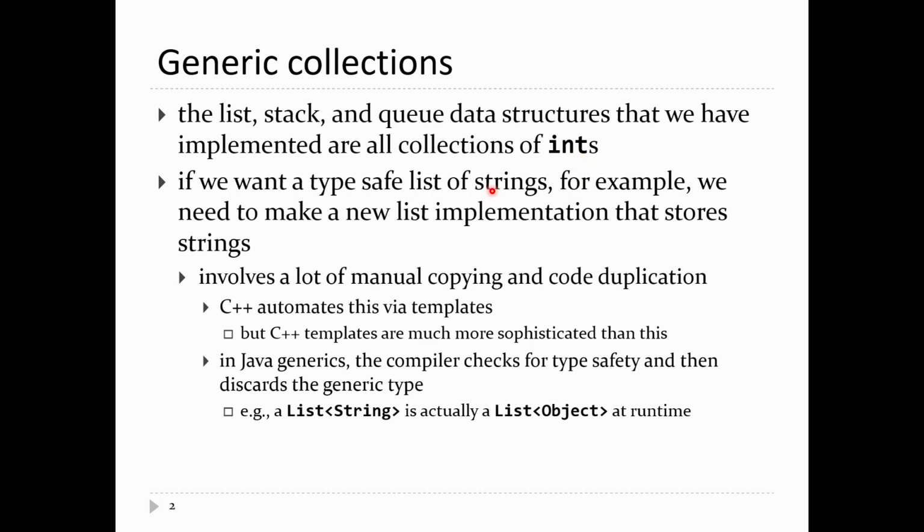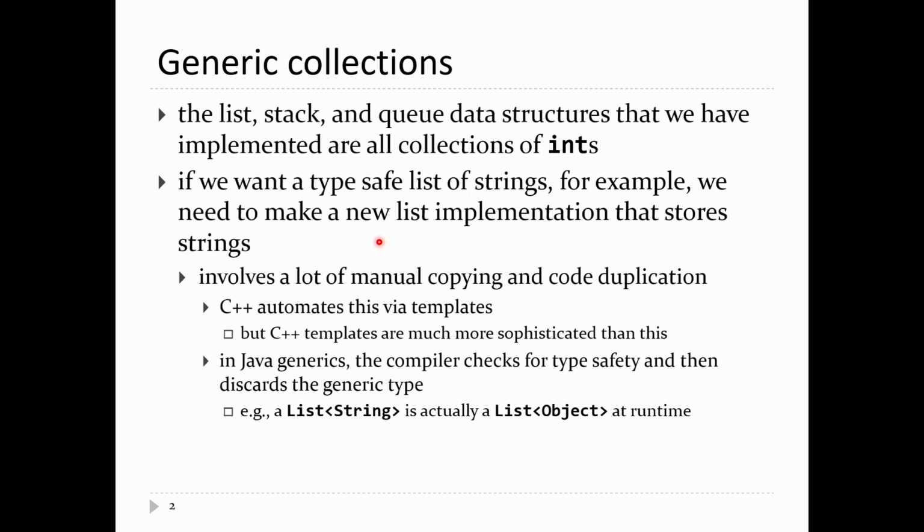If you want a type-safe list of something else, say a type-safe list of strings, you now have to make an entire new collection. So basically what you end up doing is you take your list or your stack or your queue, copy the header and C files, and change every instance of int to string, or to a char array.